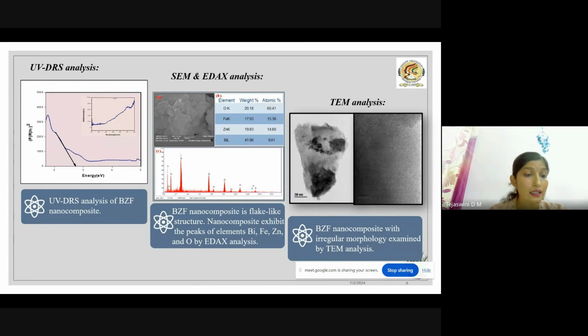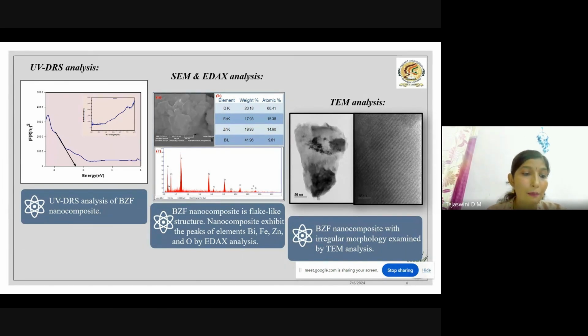The UV-DRS analysis, abbreviated from UV diffuse reflectance spectra analysis, is implemented for analyzing the energy band gap of the synthesized BZF nanocomposites in the wavelength range of 200 to 800 nanometers.